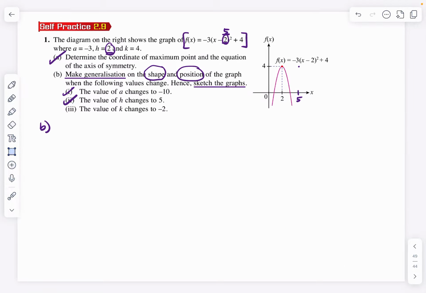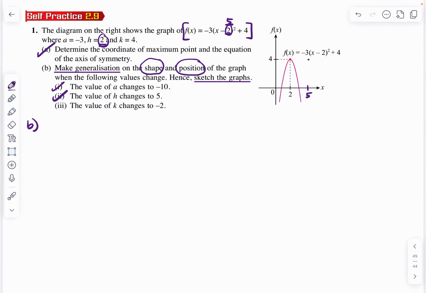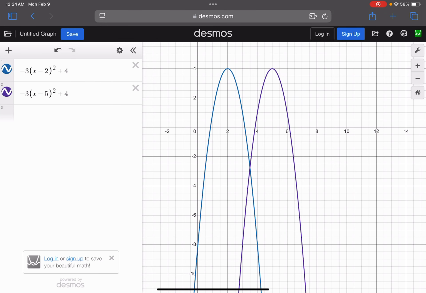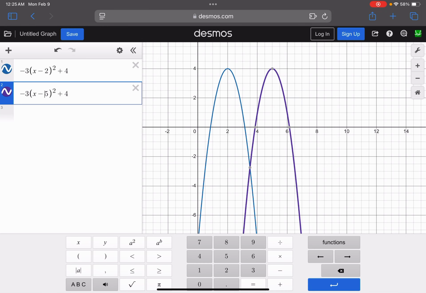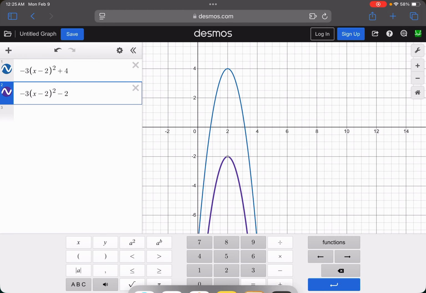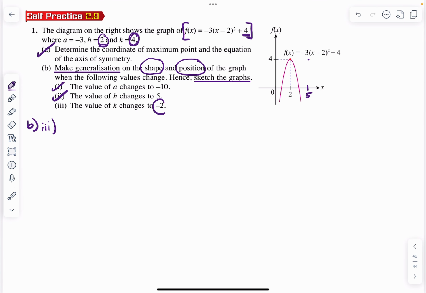Number 3. The value of k changes to -2. Okay. So k was initially 4. It is now becoming -2. So let's draw this. This one, x remains -2. k becomes -2. From 4, it becomes -2.